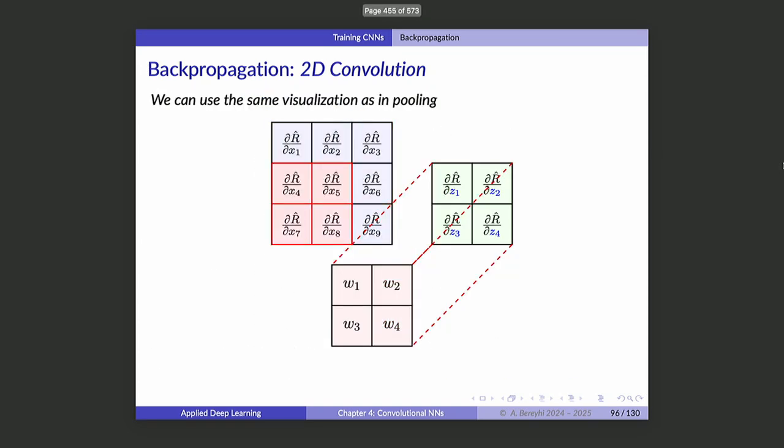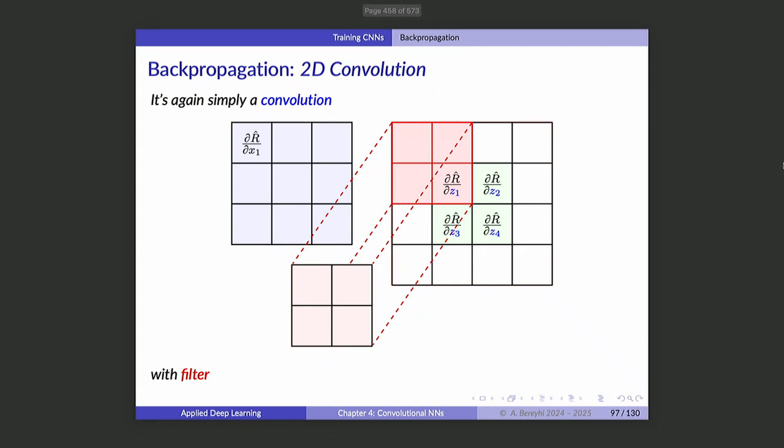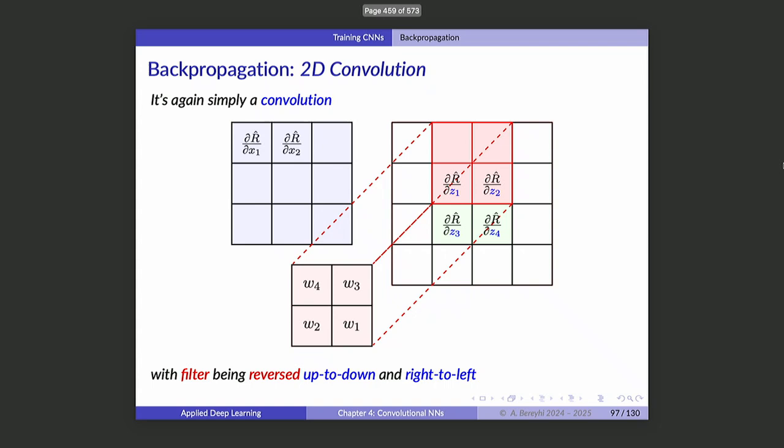So if I am doing the convolution, where should W1 be in this filter? Here, right? So if you play around with it, you're going to see that you're going to have your filter, the same filter as before, just reversed. Left to right, top to down. Okay? So your filter is reversed only, but you are still doing a convolution, right?